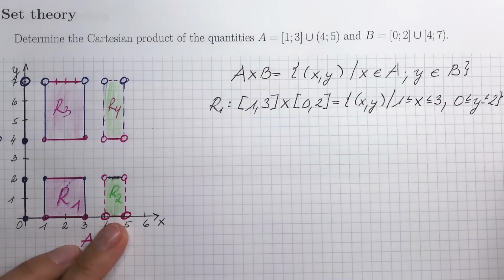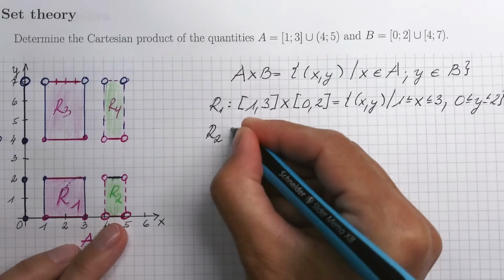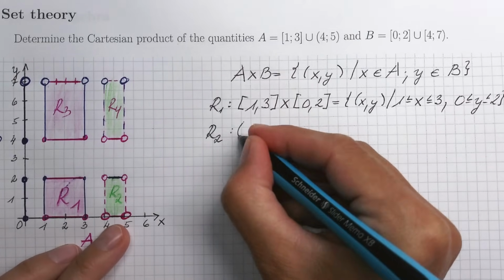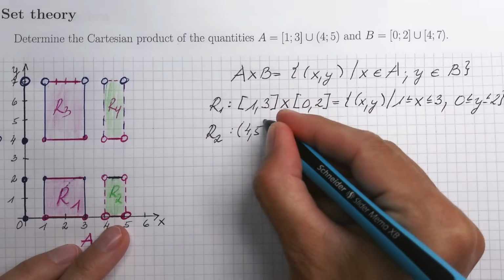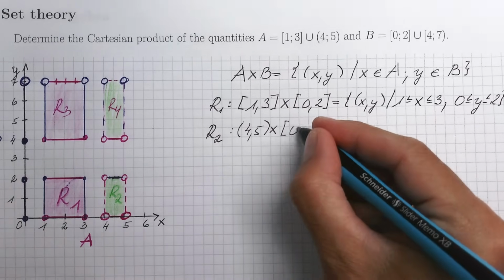Now let's go to R2. This is the open interval 4 and 5, Cartesian product with 0 and 2.